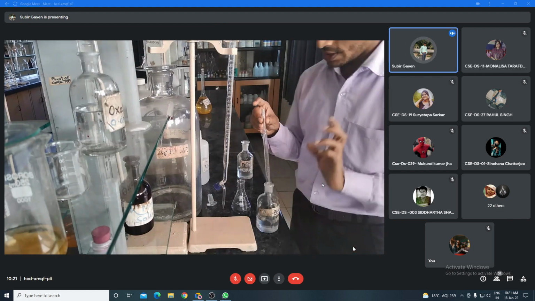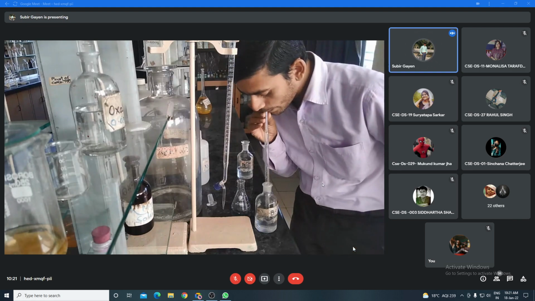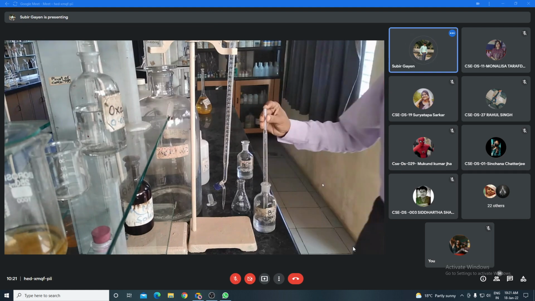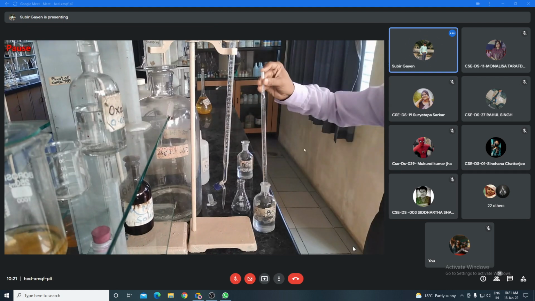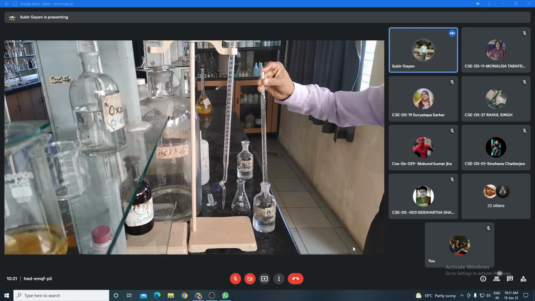Now you have to release slowly. After dipping the pipette up to the lower mark, that means the lower portion of the bottle.